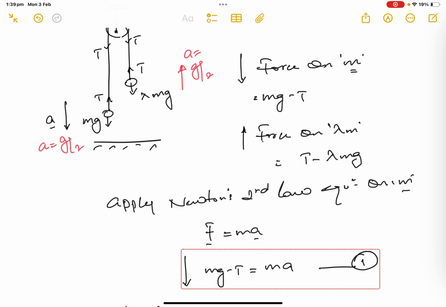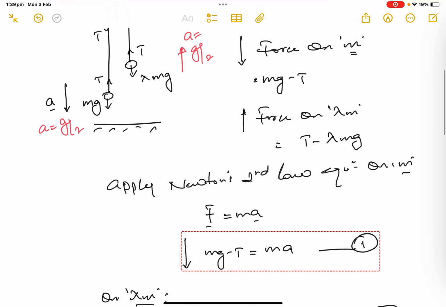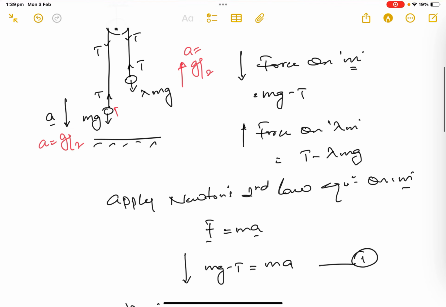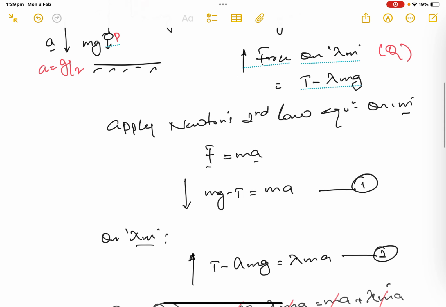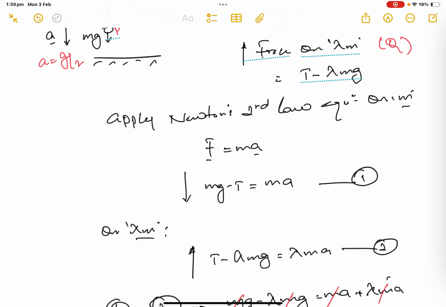The forces on lambda m, that is, on P and Q: the force on Q upwards is T minus lambda mg. Now we need to apply Newton's second law, F equals ma, where F is the force, m is the mass and a is the acceleration.